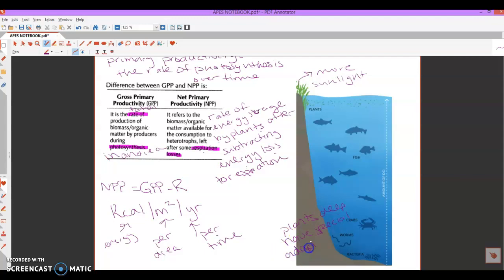Now, when we look at photosynthesis, we look at two different colors. We look at red and blue. Everybody thinks that green is the most important color when it comes to photosynthesis, and it's not actually. Plants absorb red and blue light from the sun, and that's what drives photosynthesis. The plants that are closer to the surface are going to absorb mostly red light.